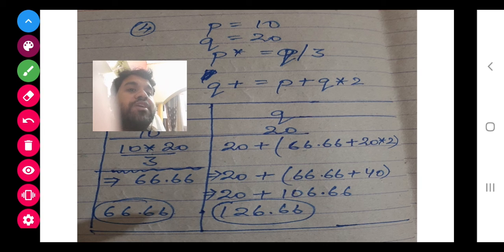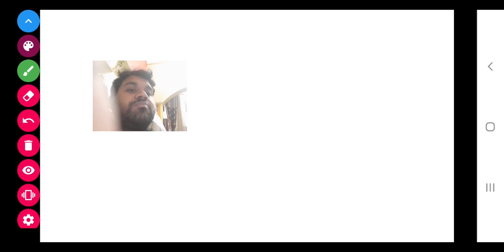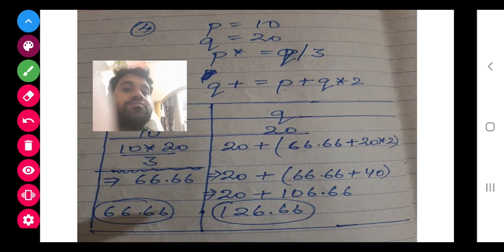So how have I written it? q, that is 20, plus within bracket p plus q multiply 2, that is 66.66 plus 20 multiply 2.